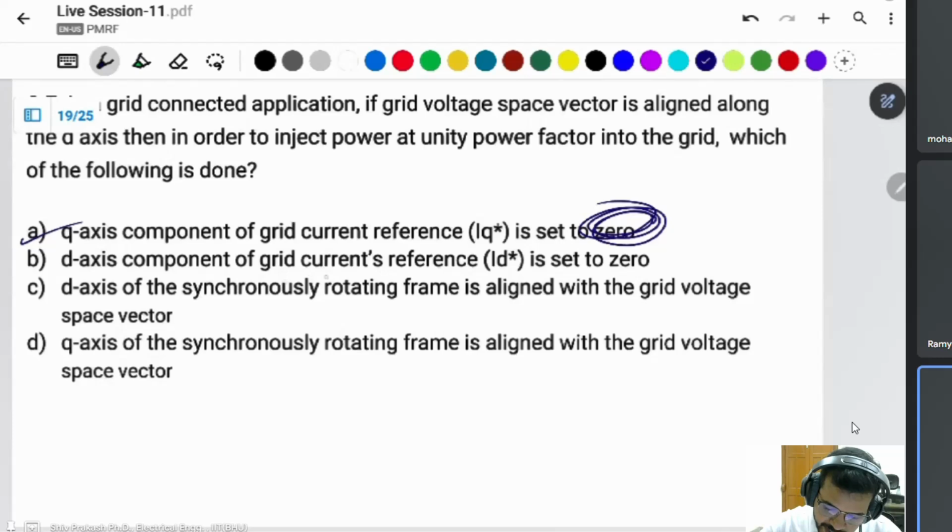The d axis component of grid current reference, no, this will be 90 degrees, power factor is 0. The d axis of a synchronously rotating frame is along with the grid voltage space vector. Yeah, this is also used, but it is already used. That's why the preferable is this one. The q axis one is not used.